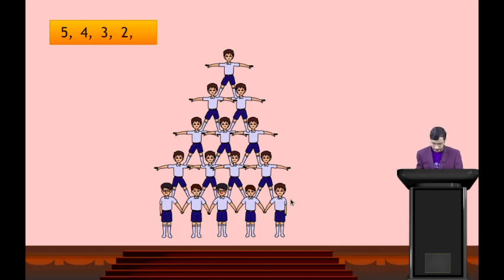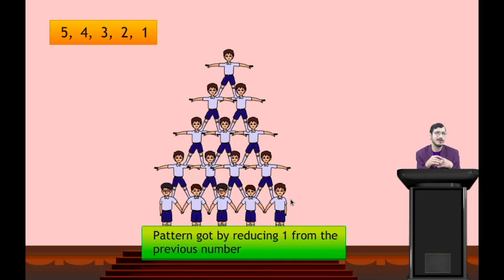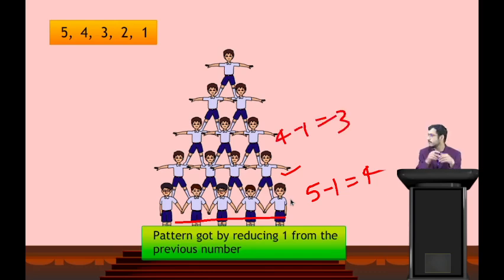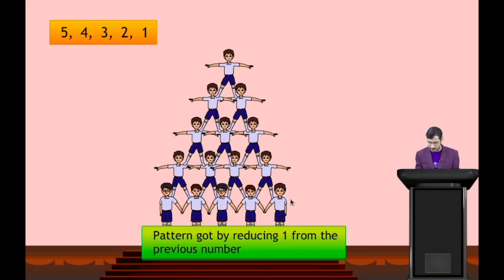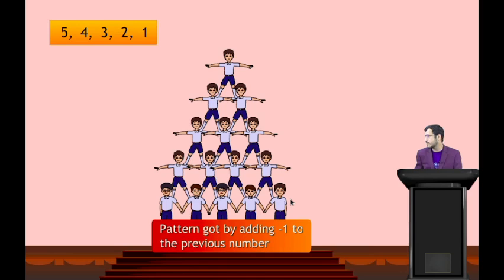The pattern is got by reducing 1 from the previous number. You can see 5, then 5 minus 1 is 4, then 4 minus 1 is 3, 3 minus 1 is 2, and 2 minus 1 is 1. So that is the pattern here. So the pattern is got by adding minus 1 to the previous number, we can say that.